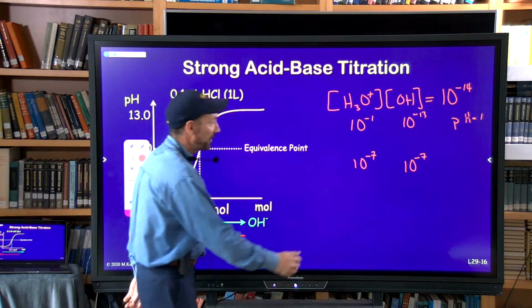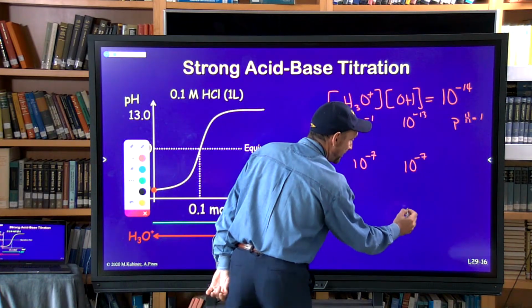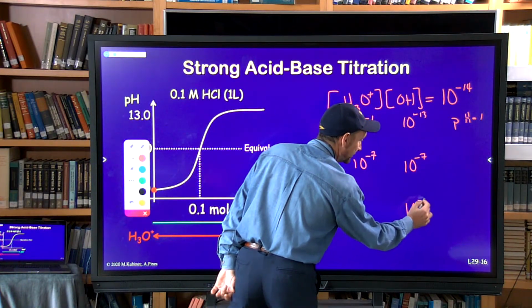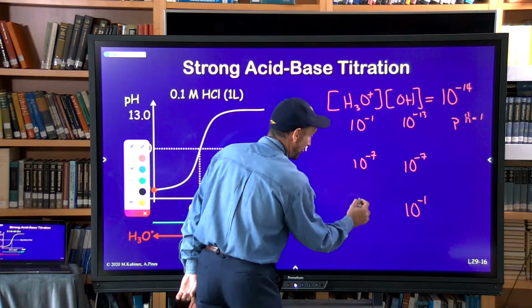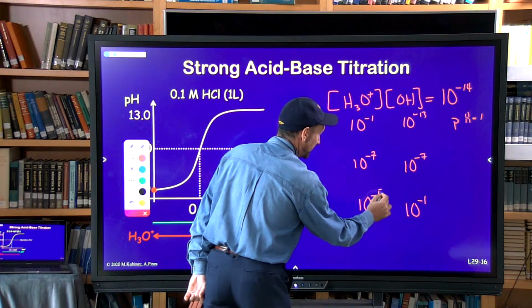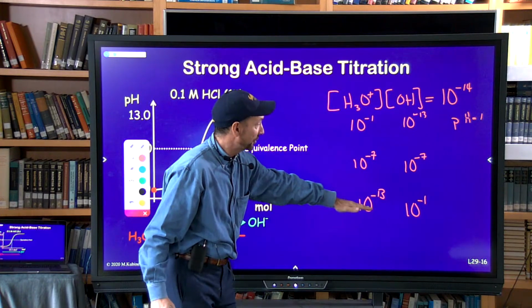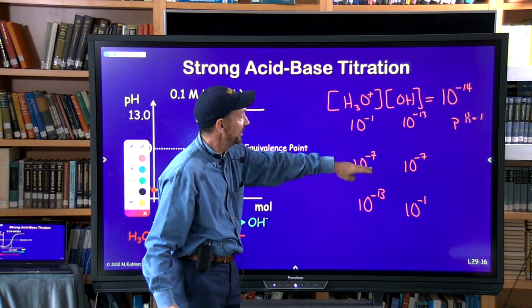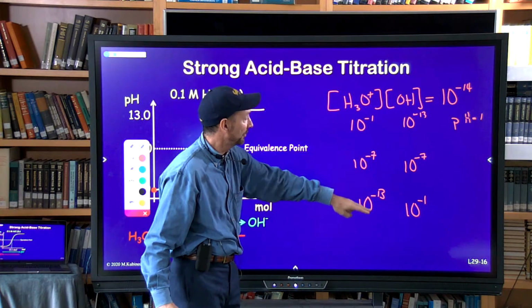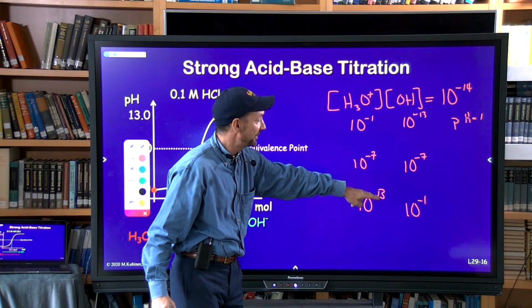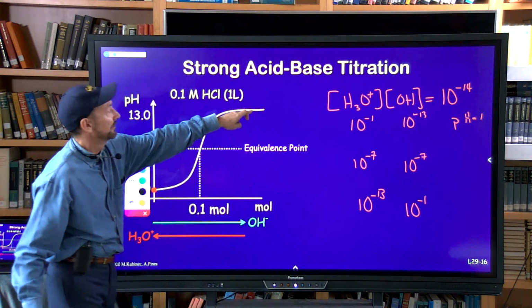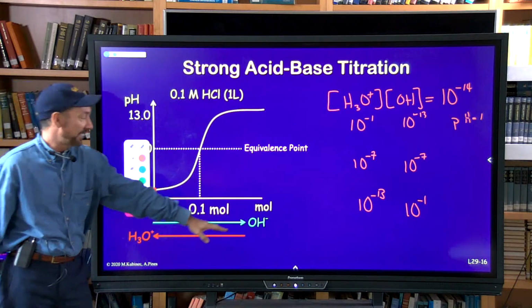And then when you start adding more of this, that gets bigger, and this gets smaller. But this number determines the pH, so the pH goes from 1 to 7 when you've added equal amounts, and then to 13 as you get to excess base.